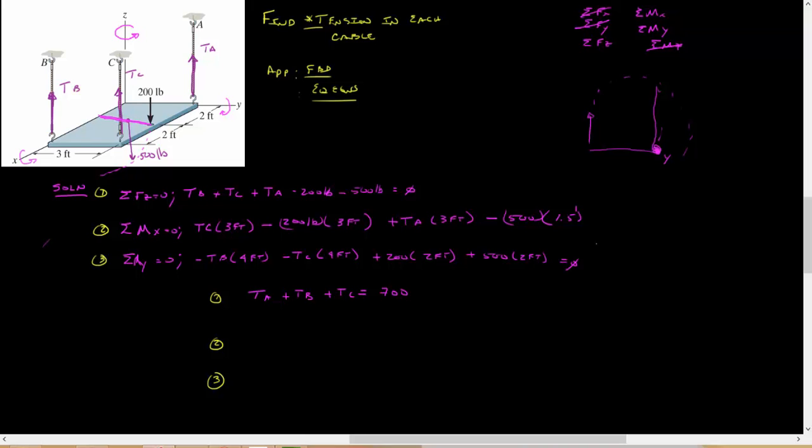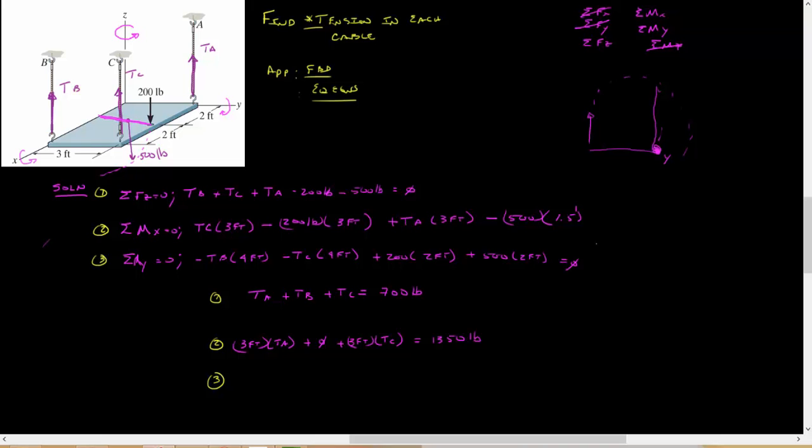I'm going to put TAs together, TBs together, TCs together, and then everything else off to the right. So over here I'm going to have 3 feet times TA plus 0, since here I have no TB, plus 3 feet times my tension of the cable in C is equal to 1,350 pounds. So negative 500 times 1.5 minus 200 times 3 is 1,350.